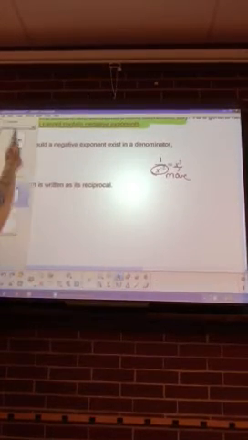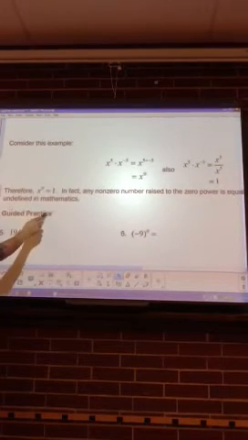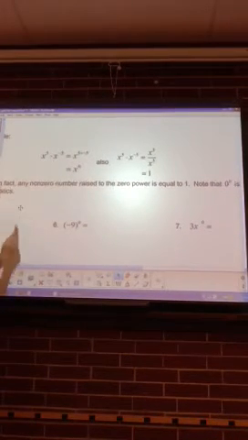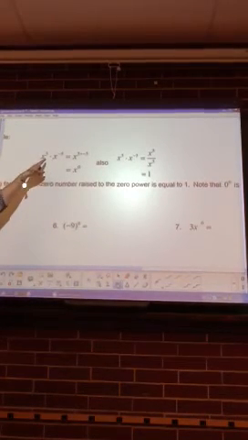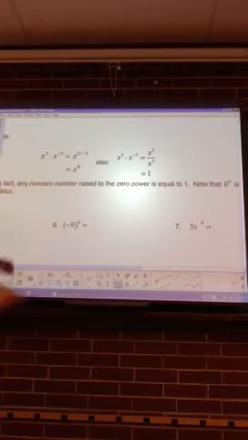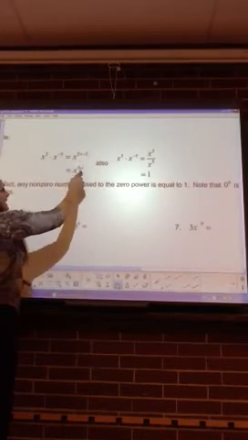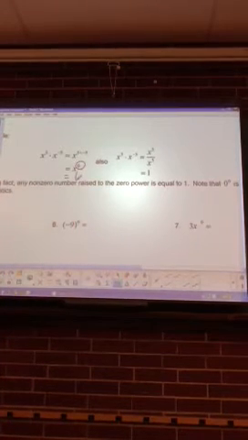Okay, there's one other thing that we need to look at that we've actually already talked about. But I want to show you that we can combine rules. The basic rule said add exponents if you have the same base. 5 plus negative 5 is 0. Anything to the 0 power is 1.